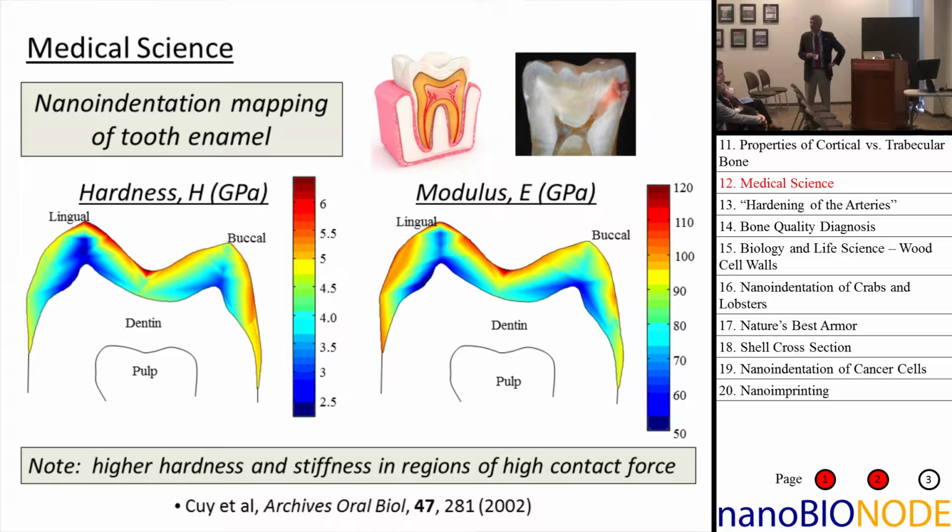But of course, the modulus is low there for a very important reason, and that is that's the place where the biggest bending stresses are going to be applied. Therefore, you want something with a lower modulus that's a little bit more compliant, so that it's not hard and brittle. It's not as brittle, and it is in fact more compliant. So Mother Nature's done some very interesting things with teeth here.